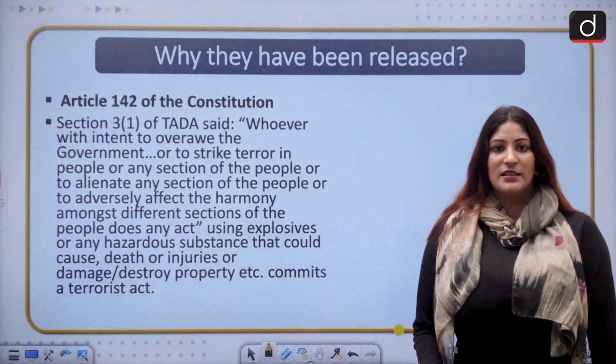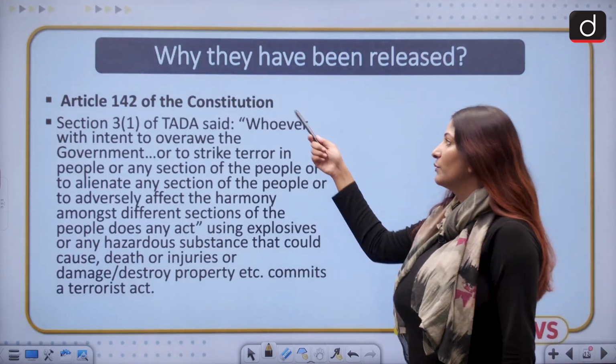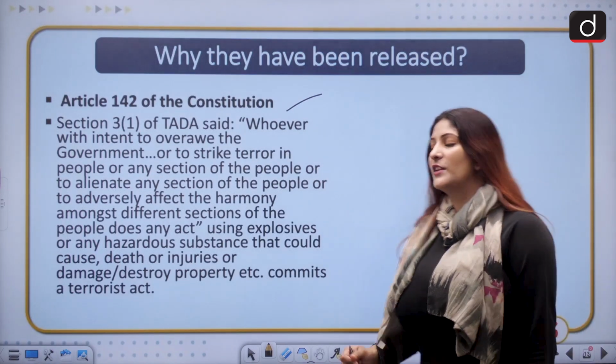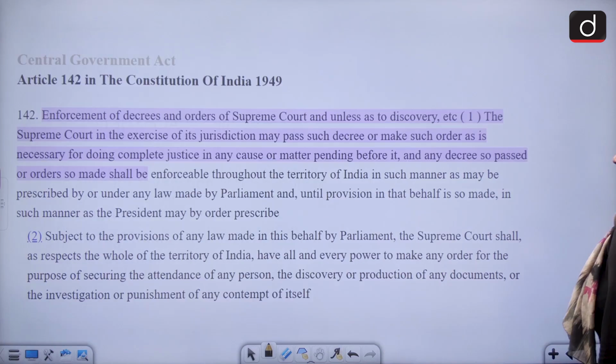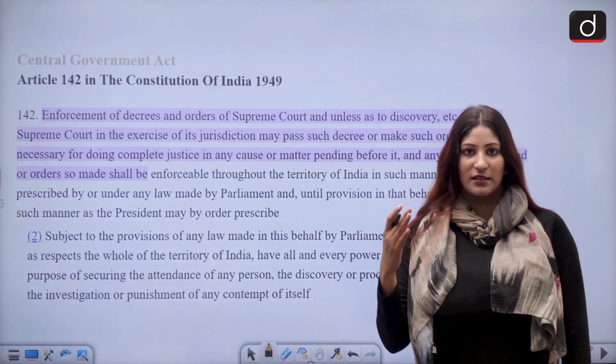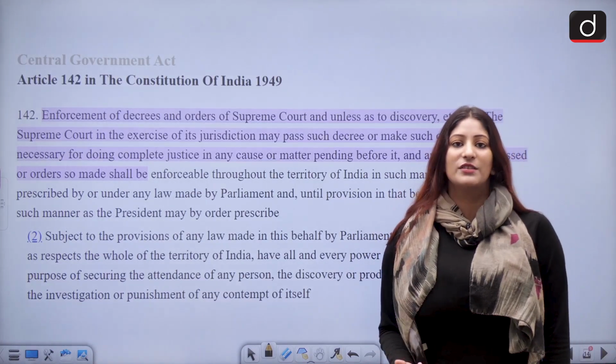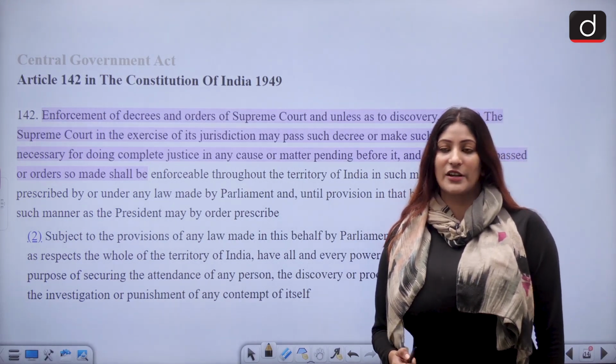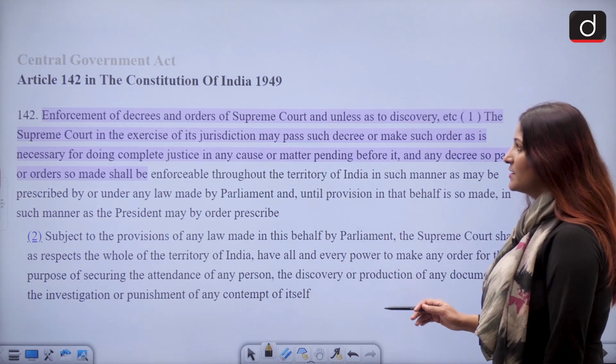Now, the court used Article 142 of the Indian Constitution when we question the release of A.G. Perarivalan. Similar instances ensured that Article 142 is used here as well. It is actually the Supreme Court's discretionary power. It has 2 clauses.